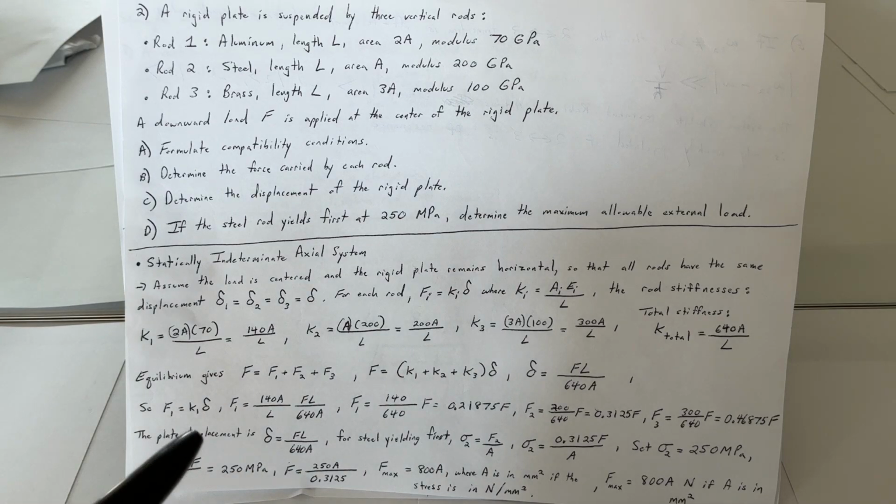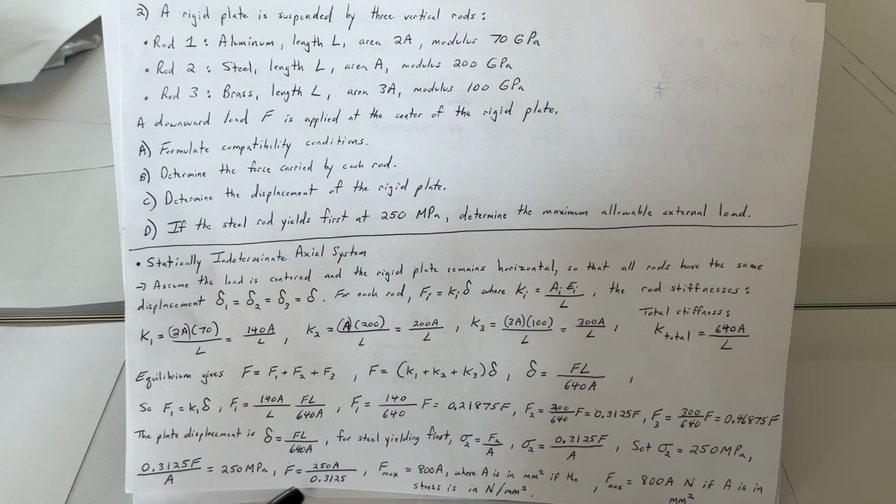So the plate displacement is going to be delta equals FL over 640A. And for the steel yielding first, sigma sub 2 equals F sub 2 over A. Sigma sub 2 equals 0.3125 F over A. From here, what we could do is set sigma sub 2 equal to 250 MPa. So 0.3125 F over A equals 250 MPa.